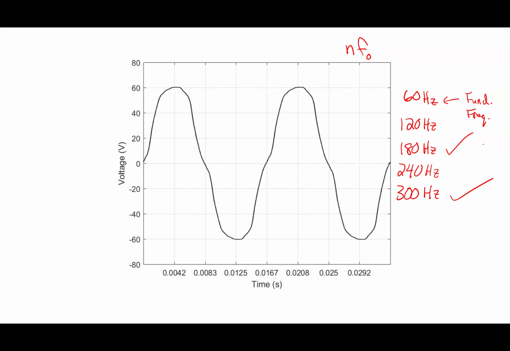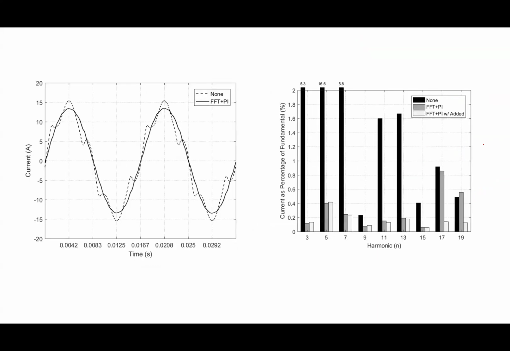This guy also has 120, 180, 240, 300. What would the next one be? 360. We're going to learn more about those. We call those harmonically related when they're integer multiples like that. You don't typically have things like 1.5 times the base frequency. Typically, they're integer multiples.